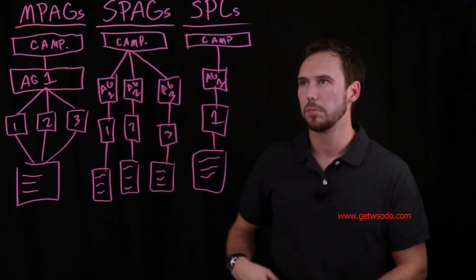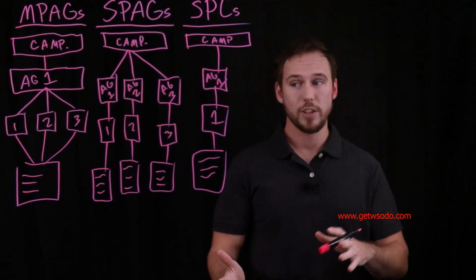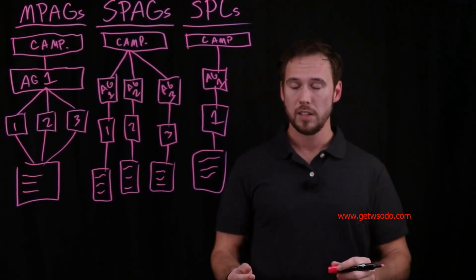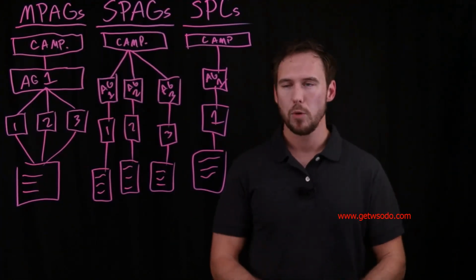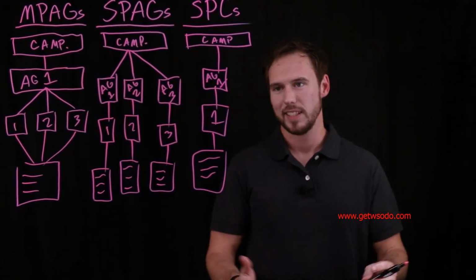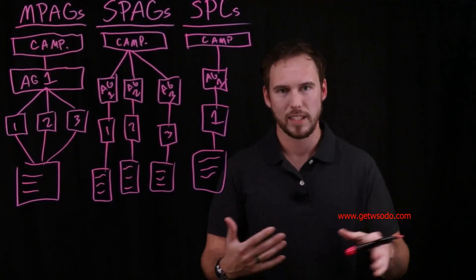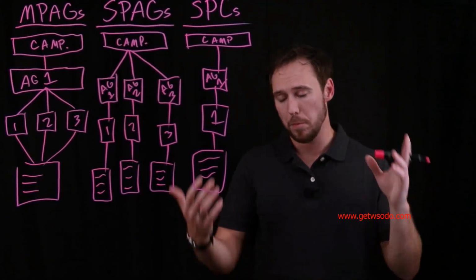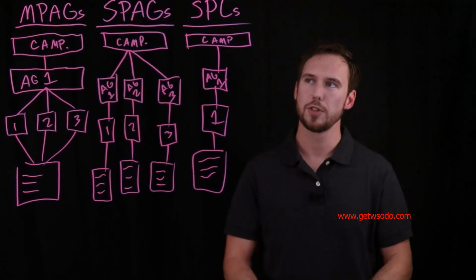I think we've tested it plenty of times and really have seen no difference in performance between single product ad groups and single product campaigns. We can get a little bit more dialed in, but honestly, it's not going to move the needle a substantial amount for you just by giving you that capability. But if you're more advanced, maybe it does. So that pretty much breaks down those three structures.